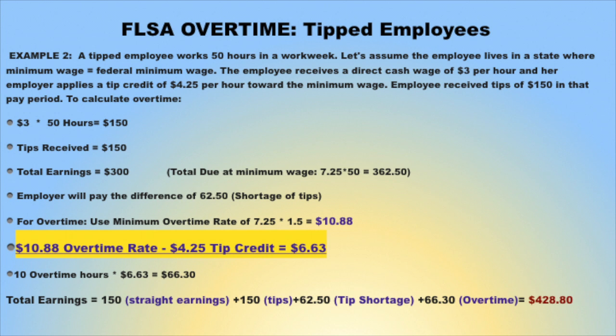This is the rate that we are going to use for the overtime hours, and the overtime earnings are $66.30. So here her total earnings will be 150 the straight earnings, 150 tips, 62.50 the tip shortage that the employer covered, and 66.30 overtime. So the total amount is 428.80.